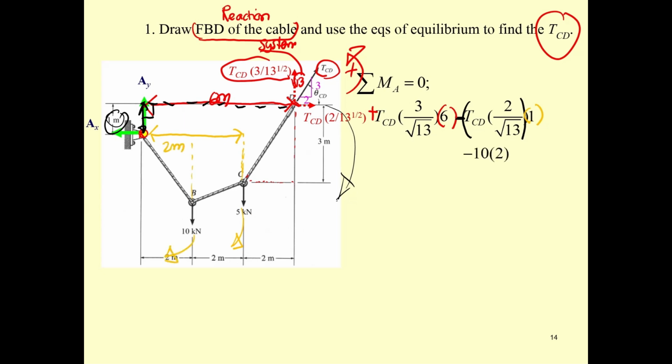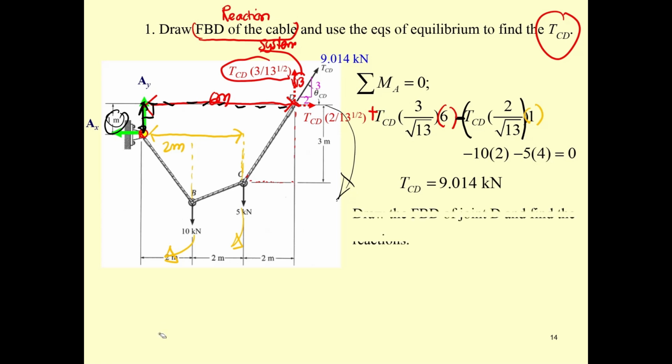Both of them are going to be negative: negative 10 times 2 and then negative 5 times 4. You solve for T sub CD, you get T sub CD to be 9.414 kilonewton.